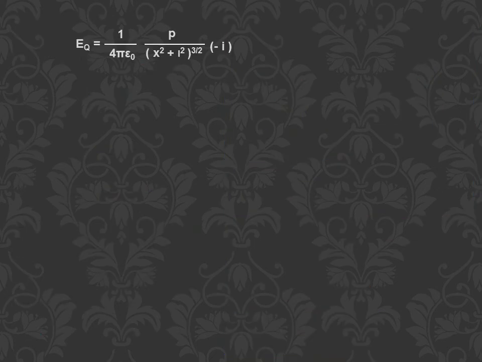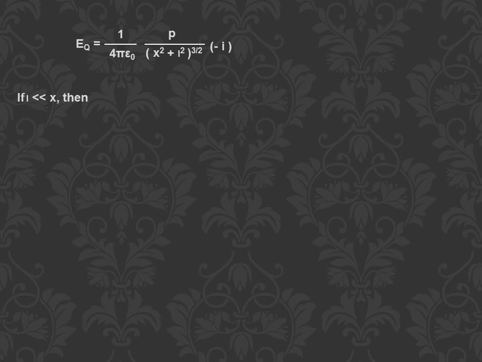Now the resultant EQ equals 1 upon 4 pi epsilon naught, P upon (x square plus L square) to the power 3 by 2, in the negative side of the x-axis, meaning along minus x-axis.